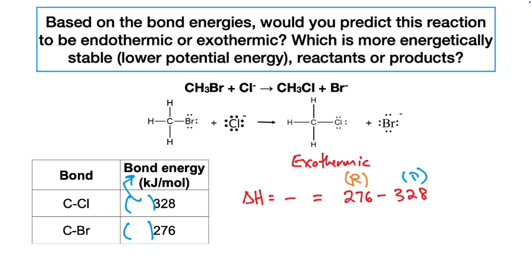Well, if our bond is being broken, what do we do to the sign? We leave it the same. If the bond is being formed, what do we do to the sign? We invert it. And we can make it a negative. So we could look at the sum of these energies and then recognize what's happening within that statement of our bond energy. Kind of, sort of?